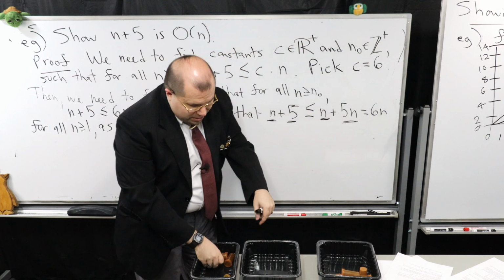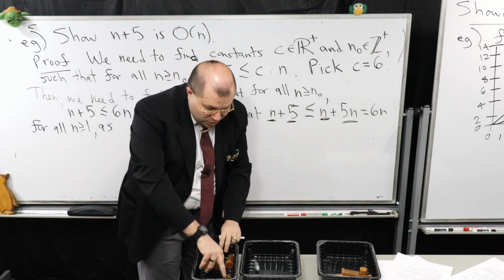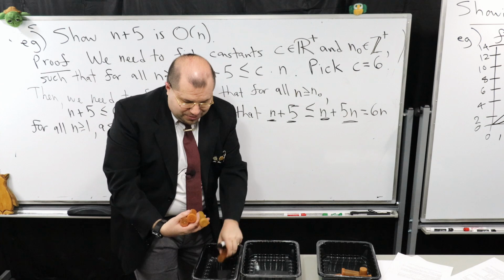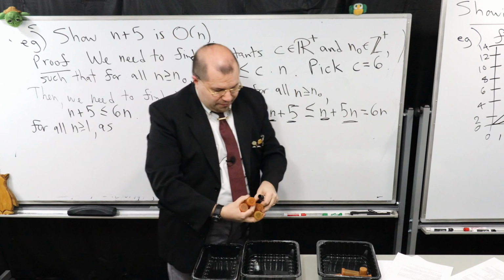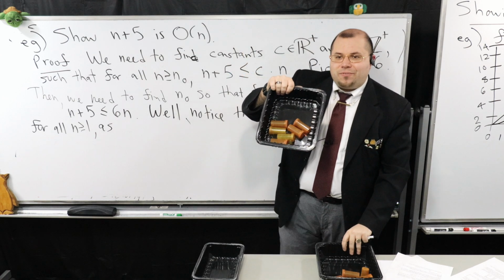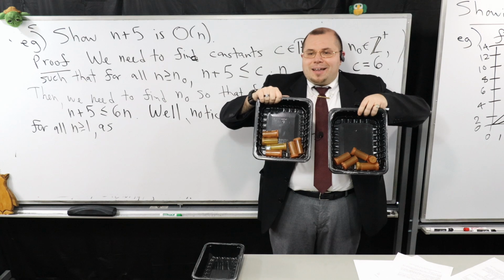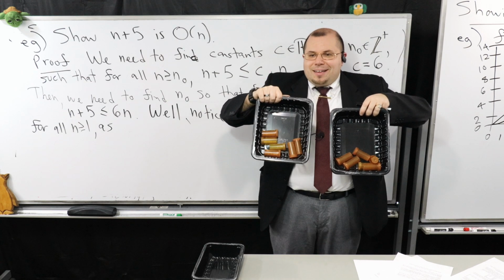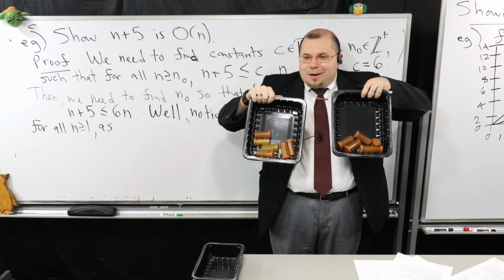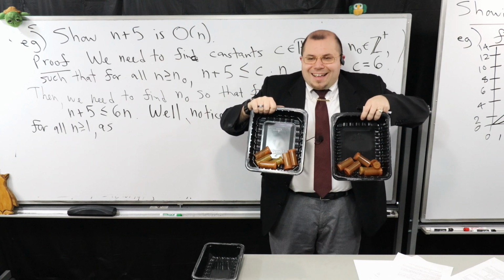Now, if I were to look at my left bucket, if I pretended that 5 was 5n, so now I have 1, 2, 3, 4, 5. I have 5 here. I'm going to put them into my left bucket. Now, if you look at my left bucket versus my right bucket, would you agree with me that everything in the left bucket is going to be at least whatever's in the right bucket? That's what we're doing here.